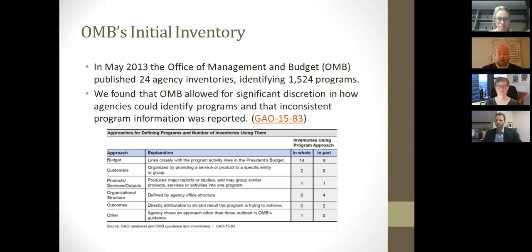Some agencies captured a large portion of what they were involved in, although not in a very detailed way, and others were at such a high level that they would break down their programs into four or five broad buckets, in which there's really a lot more going on beneath the surface of these broad areas that they tended to describe as programs.